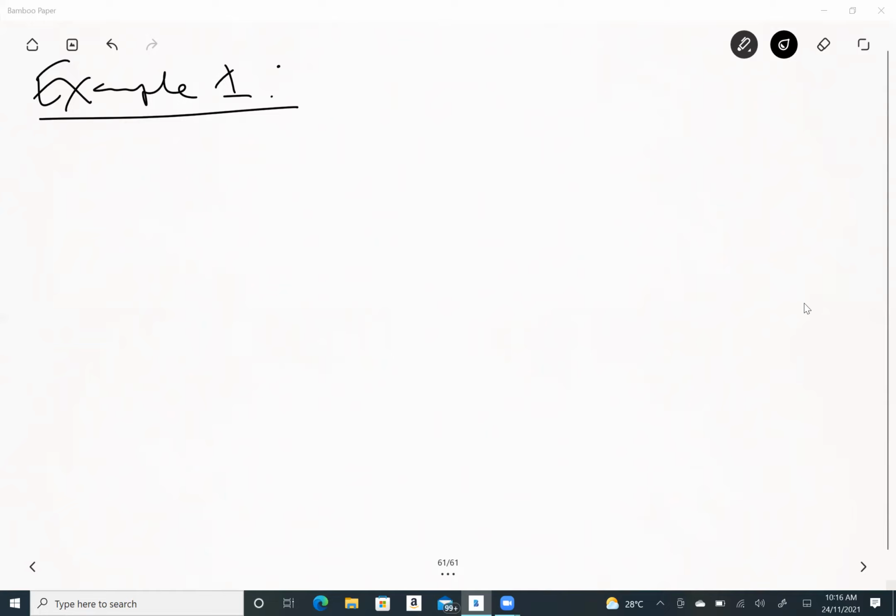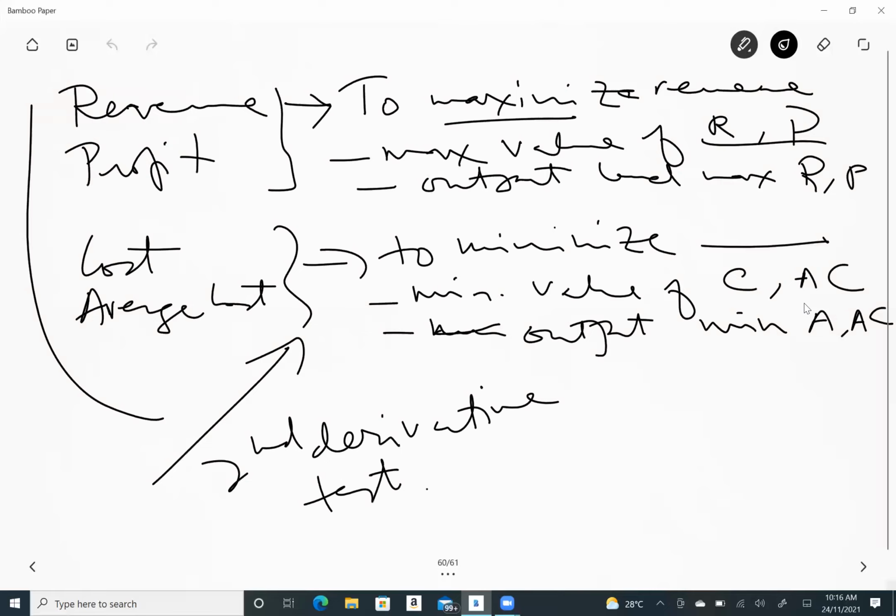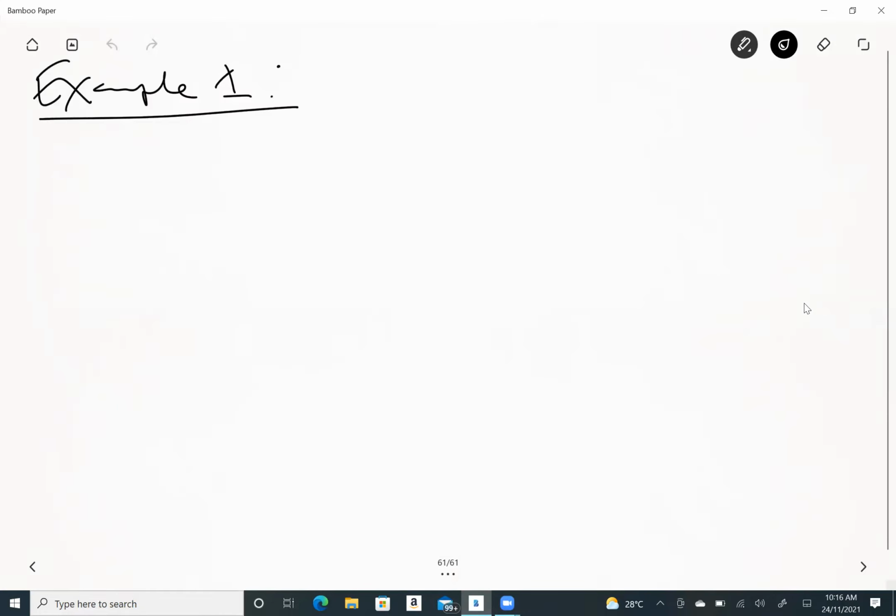So what do we do here? We apply the second derivative. You want to find the maximum point, and then what is the maximum revenue at that critical point?